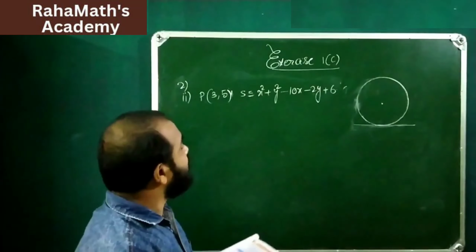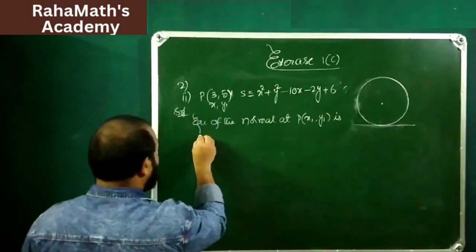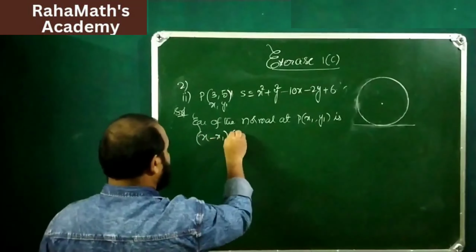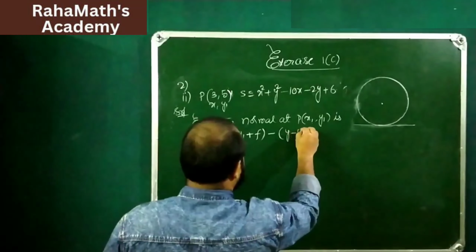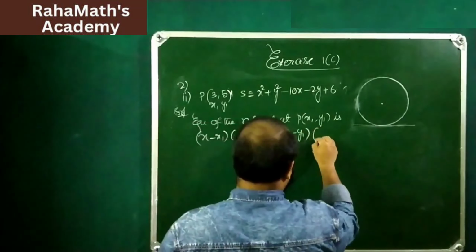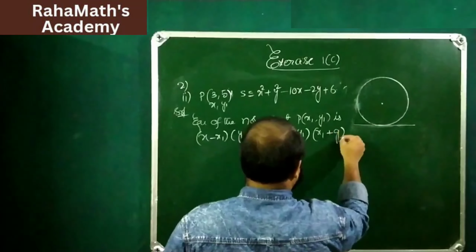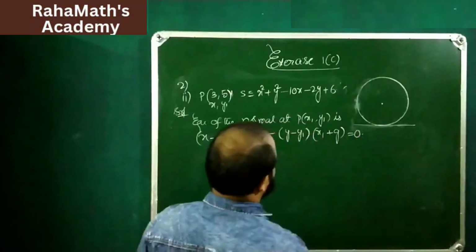Solution: this is x1, y1. So we have the formula: the equation of the normal at P(x1, y1) is (x minus x1) into (y1 plus f) minus (y minus y1) into (x1 plus g) equals 0.